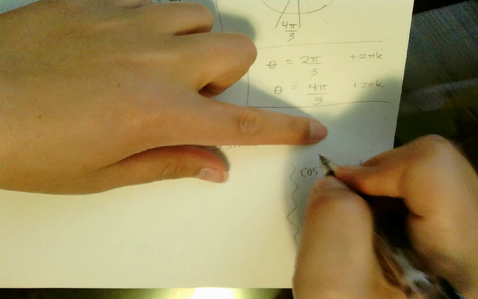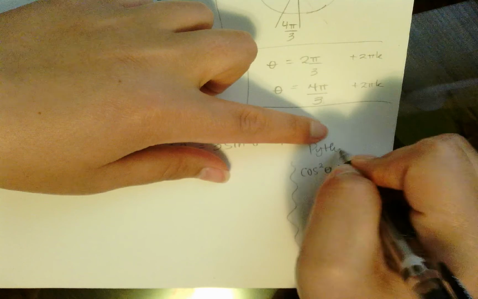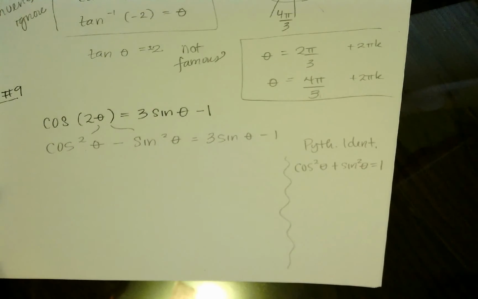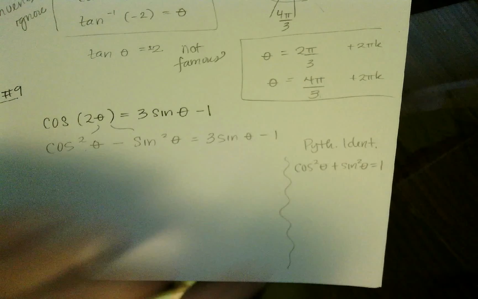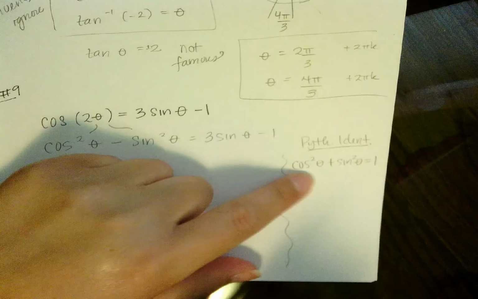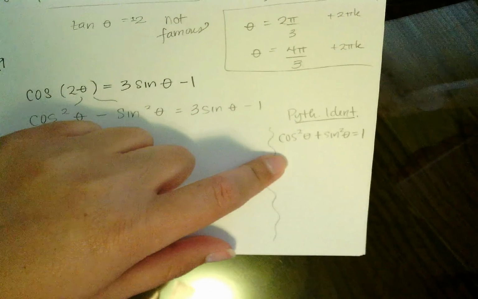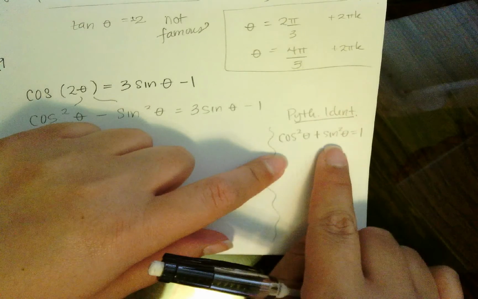That's the Pythagorean identity. That's the circle. Okay. So if you have cosine squared plus sine squared, it equals 1. Okay. From that identity, and then normally I would explain it all, blah blah blah. But from that identity, you can get what cosine squared is and what sine squared is.